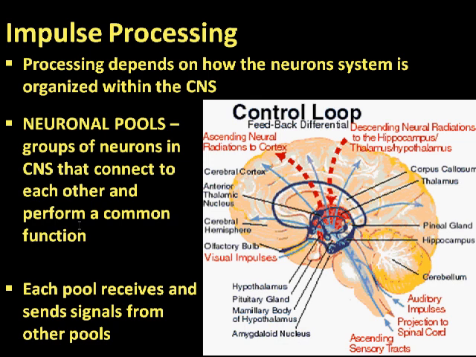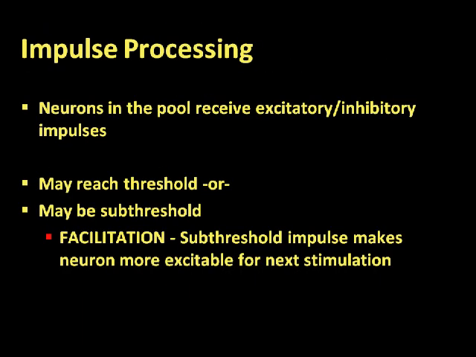Each pool receives and sends signals from other pools, and so you can imagine how visual, olfactory, and auditory impulses would be working in conjunction with something like memory, storing memories, or creating short-term memories and then eventually storing them into long-term memories.